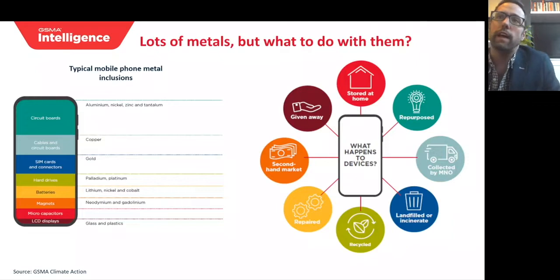And within devices, that then gets to the question of what is the metal makeup and what do we think happens to devices at the end of their life cycle. You can see here that if you tear open a mobile phone, various elements, for all you chemists out there, various elements in the periodic table come down here, right from copper to gold, palladium, etc. And there is a varied set of scenarios of what happens to this now.